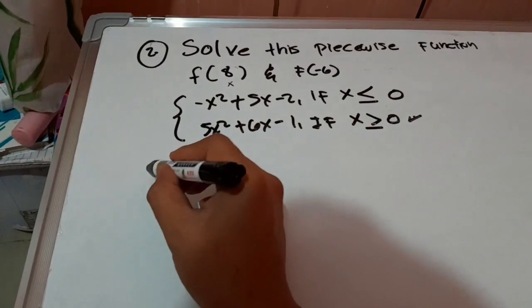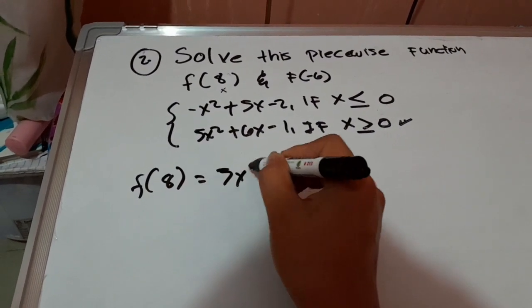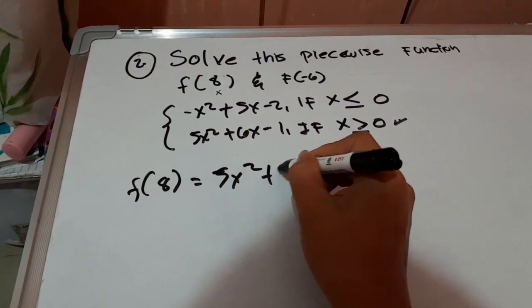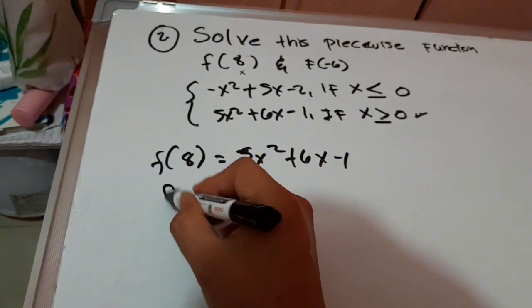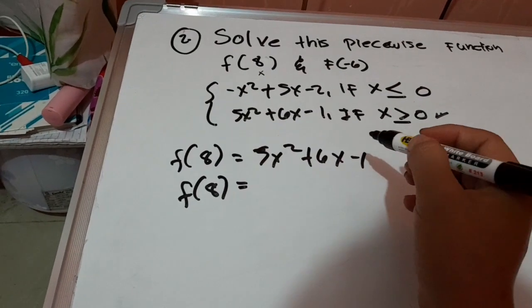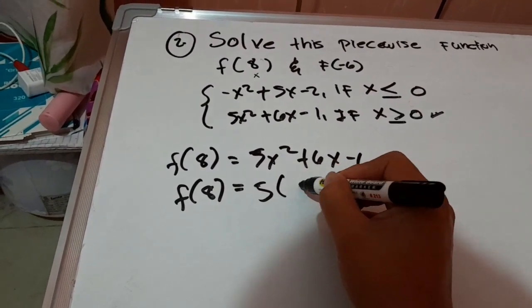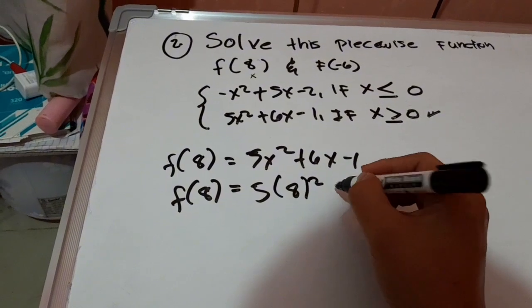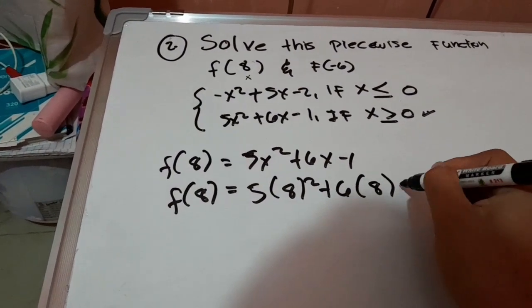Okay, so f of 8 equals 5x squared plus 6x minus 1. So f of 8 equals 5 times 8 squared, plus 6 times 8 minus 1.